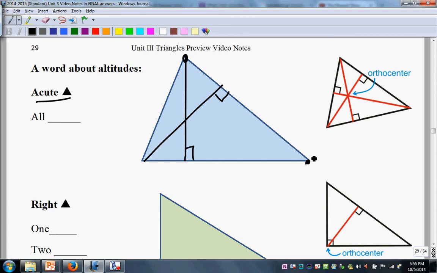Corner, right angle. Zip through with your ruler and draw all three altitudes. In an acute triangle, all three altitudes are inside the triangle. Therefore, the orthocenter is inside the triangle.